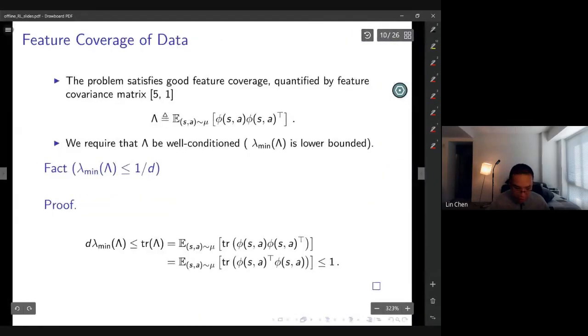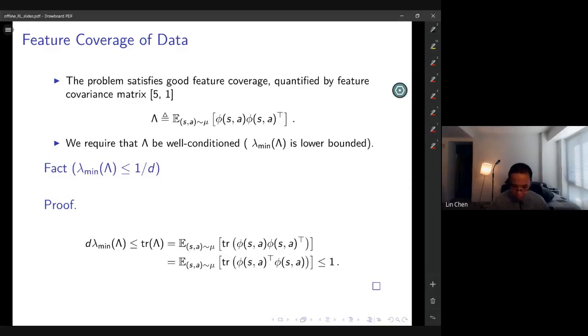Okay, and another notion is the feature coverage, and we will focus on problems with good feature coverage. Feature coverage is quantified by the feature covariance matrix.